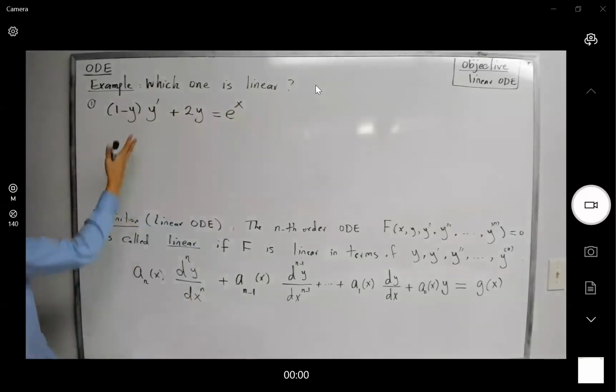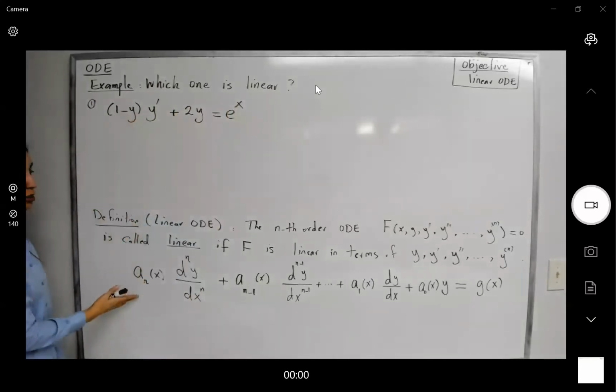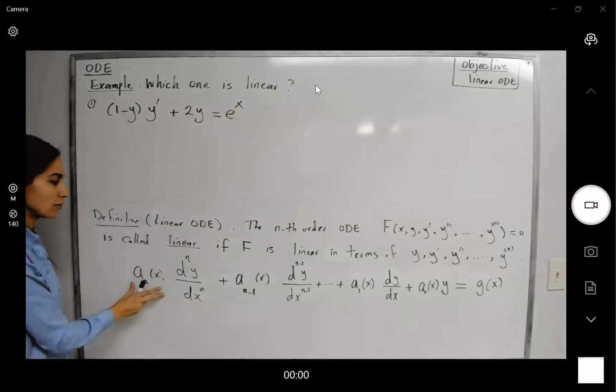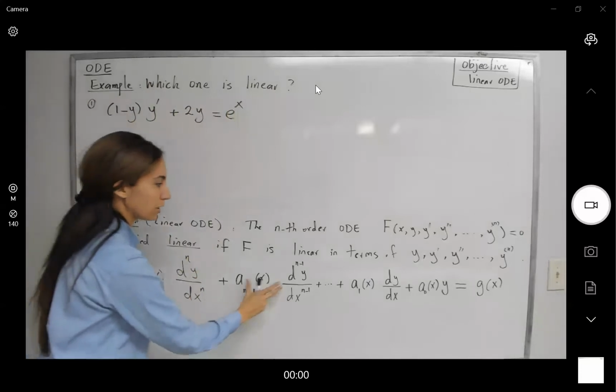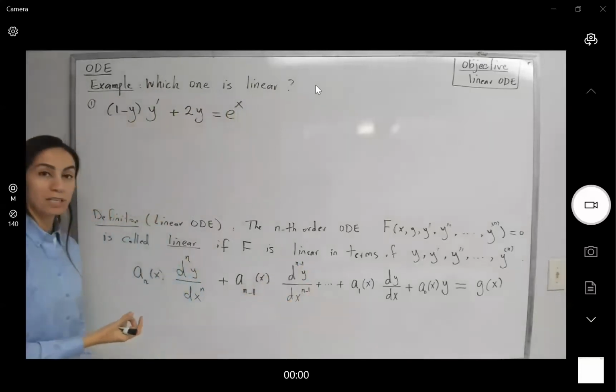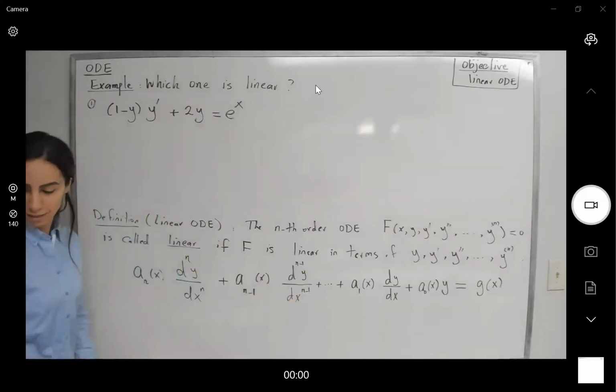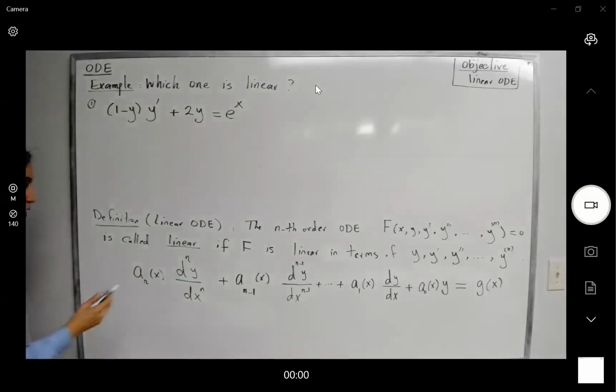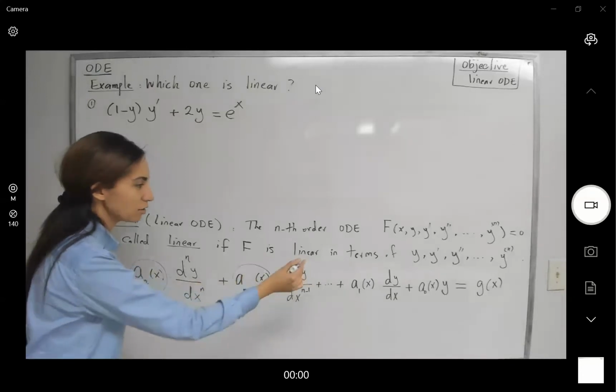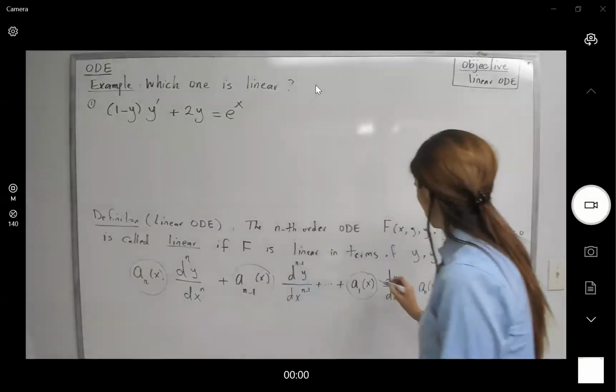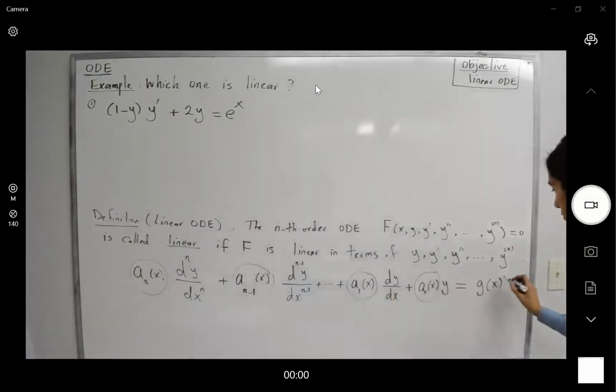Let's compare this differential equation with the general definition of a linear ODE. We know that each of the expressions multiplied by the derivatives must be in terms of x. So as you can see here, you have an expression in terms of x, and so on. And finally, we have a function in x.